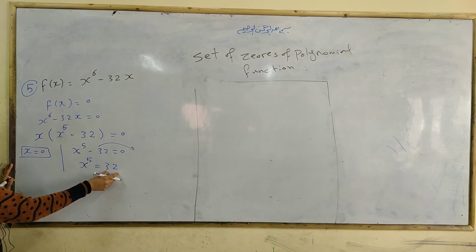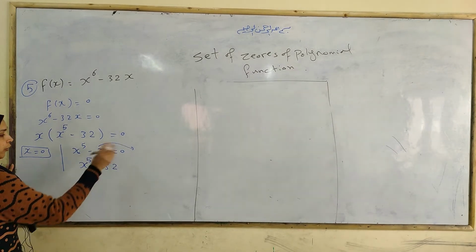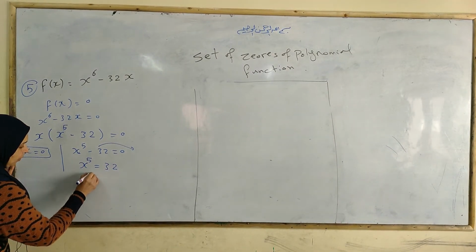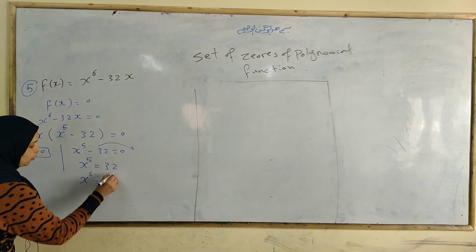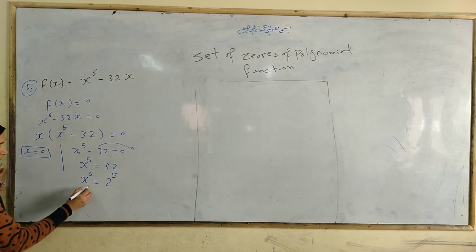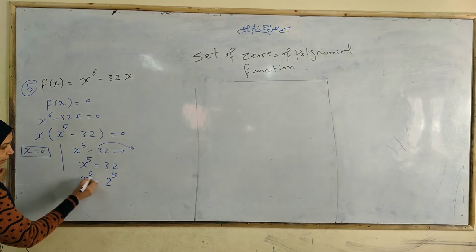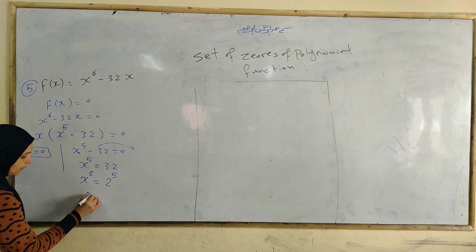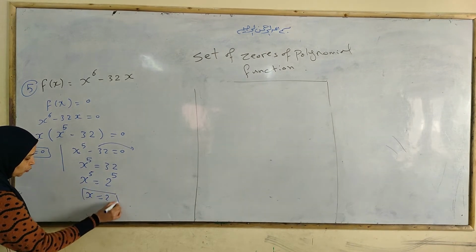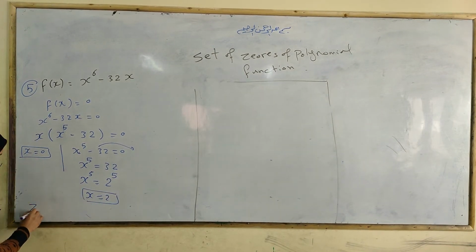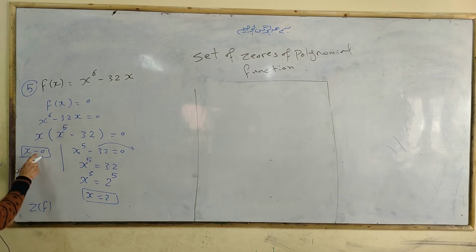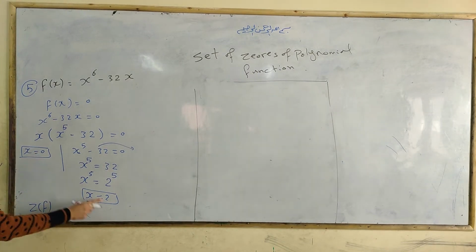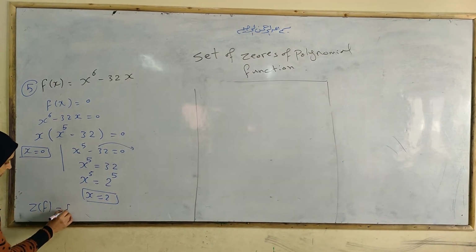We write 32 as base 2 power 5. X power 5 equals 2 power 5. The base equals base, therefore power equals power. X equals 2. The set of zeros of the function f of x is 0 and 2.